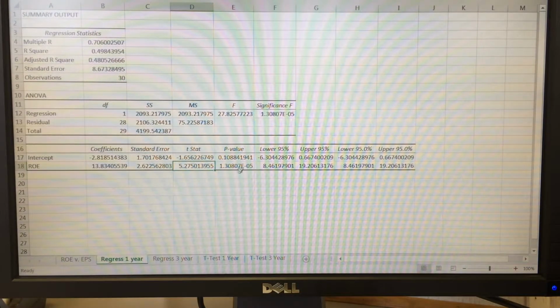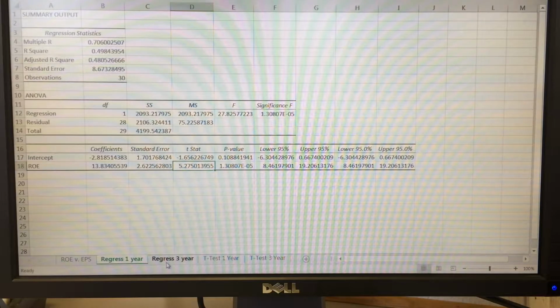If we come over to the p-value, it is obviously much less than 0.01. It's 1.38 to the negative 5, so it's pretty small. So we see significance here, at least in this test for the first year.